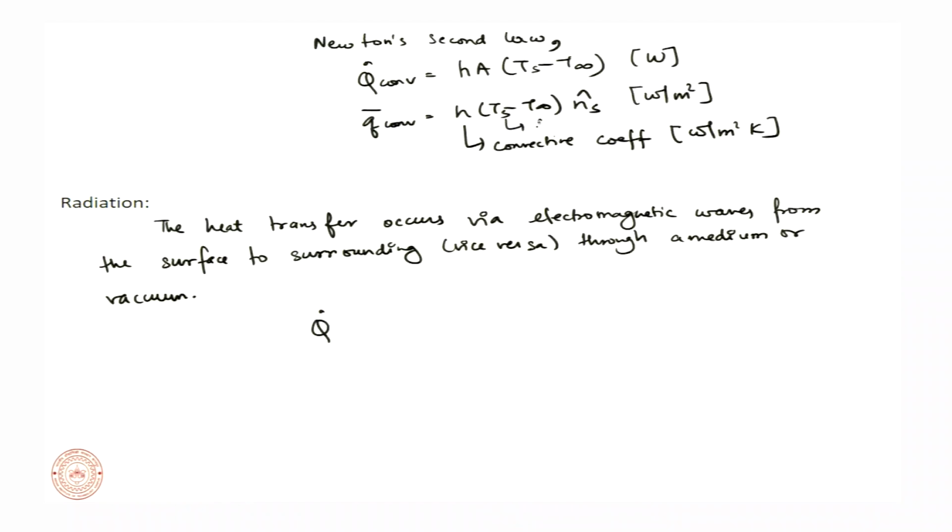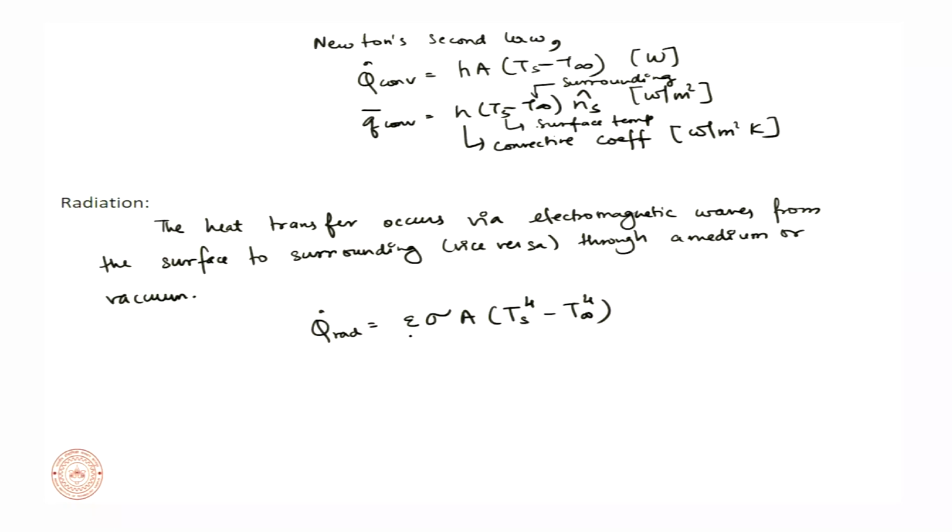This is our surface temperature, and this is our surrounding temperature, or the free stream temperature. Q dot radiation equals epsilon sigma A times (Ts to the power of 4 minus T infinity to the power of 4).